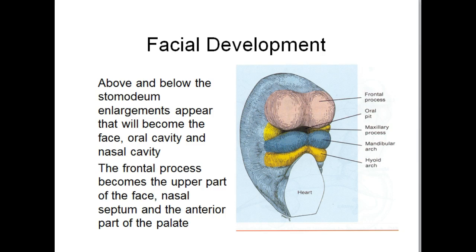Above and below the stomodeum, enlargements appear that will become the face, the oral cavity, and the nasal cavity. The frontal process, as you see here in pink, becomes the upper part of the face, the nasal septum, and the anterior part of the palate.